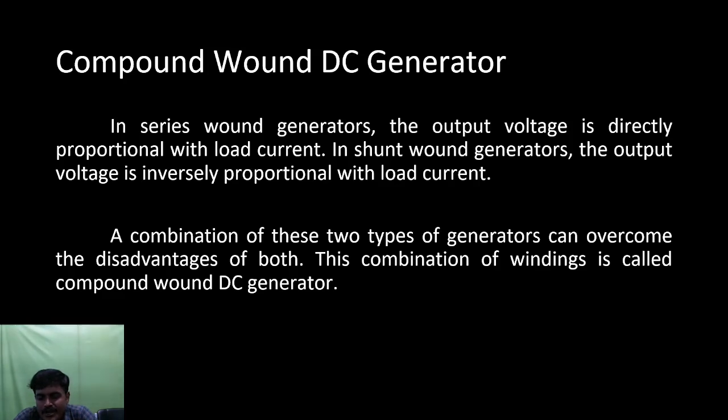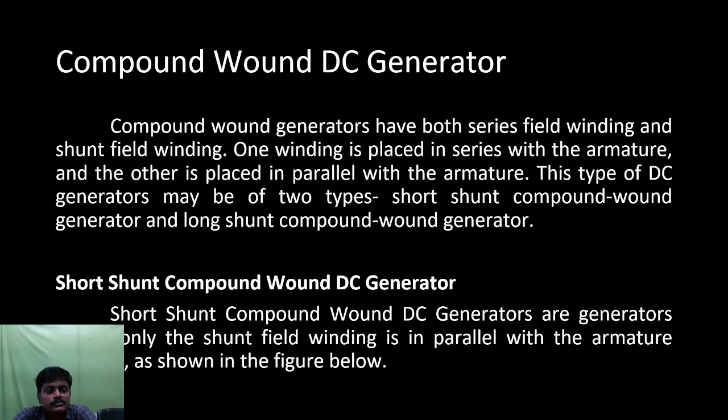This combination of windings is called a compound wound DC generator. So compound wound generators have both series field winding and shunt field winding.